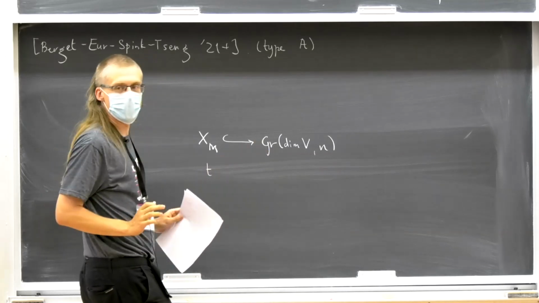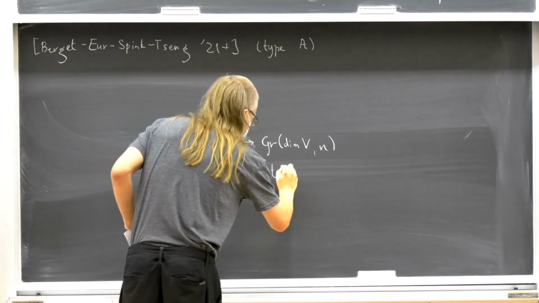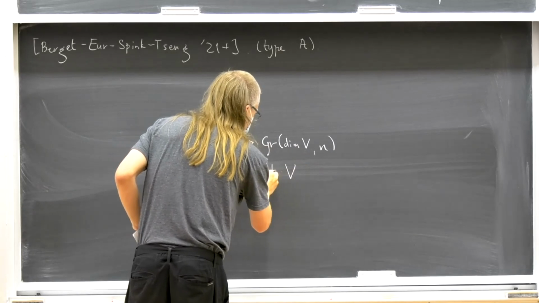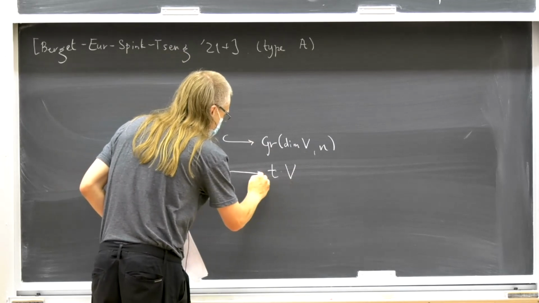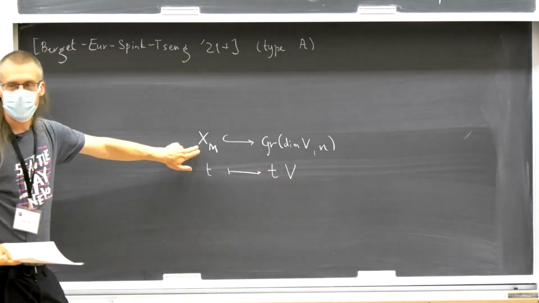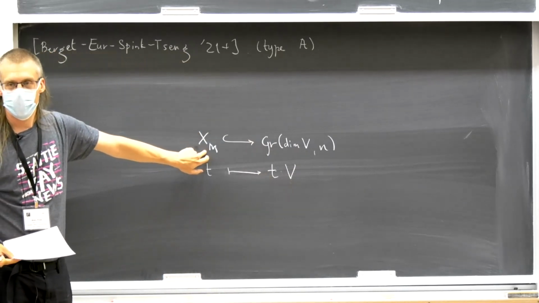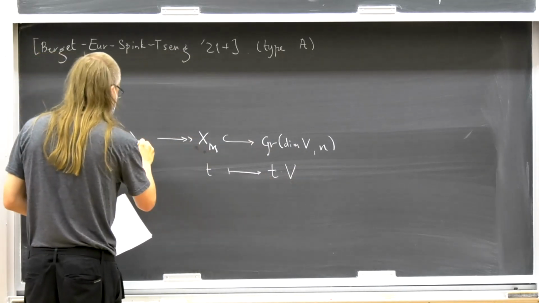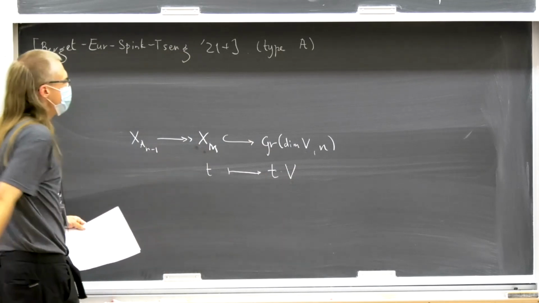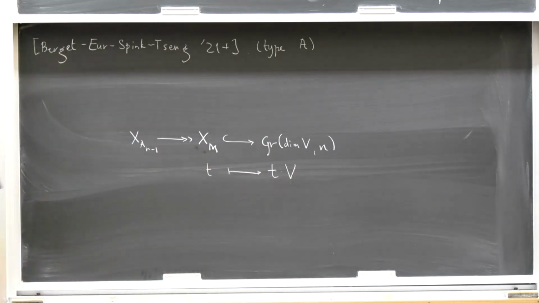There's an action of an n-torus on it. I can use that n-torus to move around the point representing this V. And I take the closure, and it turns out I actually get the toric variety of my matroid polytope. And then the flag variety surjects onto that.